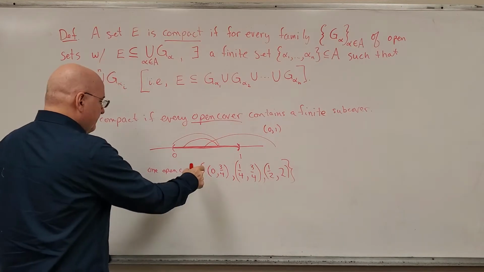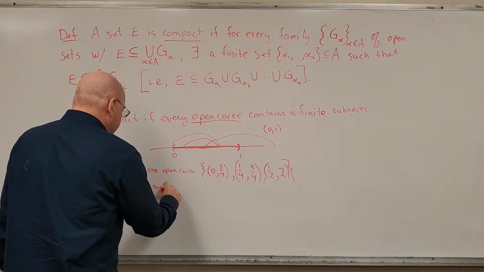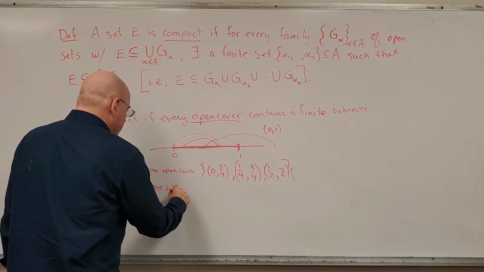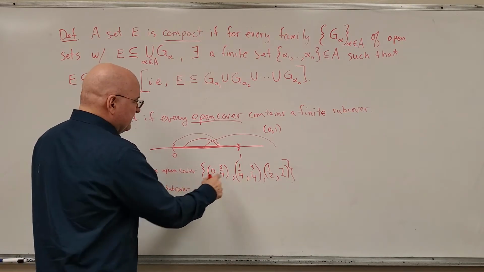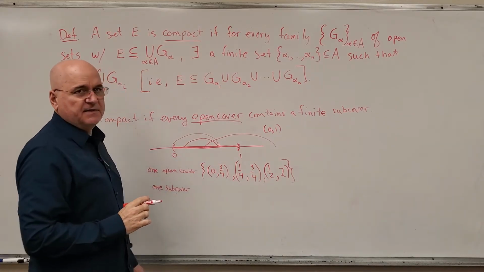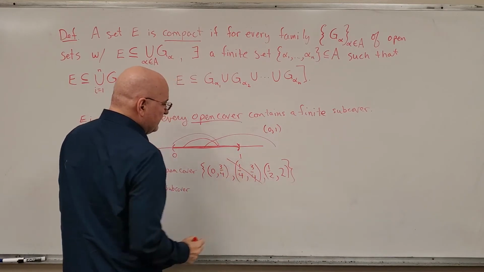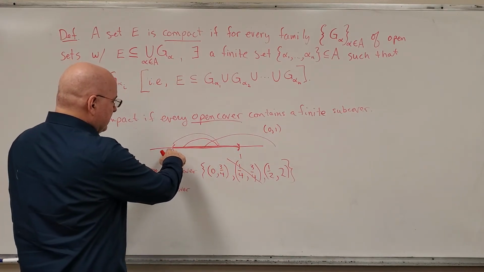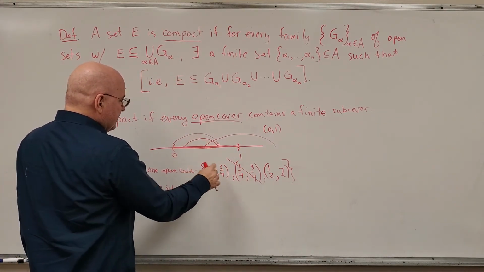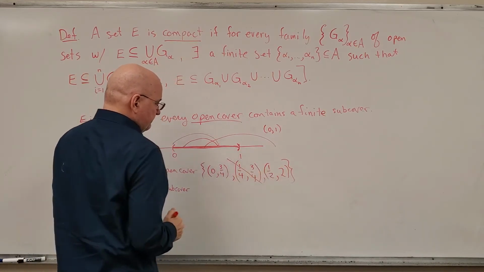But this cover does have a subcover, which means a proper subset of these whose union also contains the interval from 0 to 1. Remember I said this one didn't contribute anything? Because if I simply go from 0 to 3/4 and take the union of that and this, I'm going to get the interval from 0 to 2.